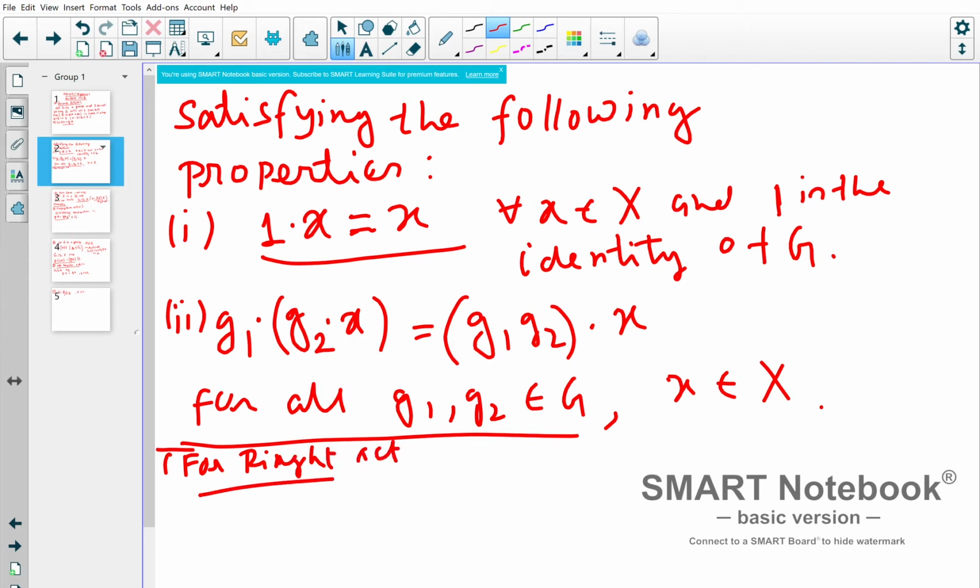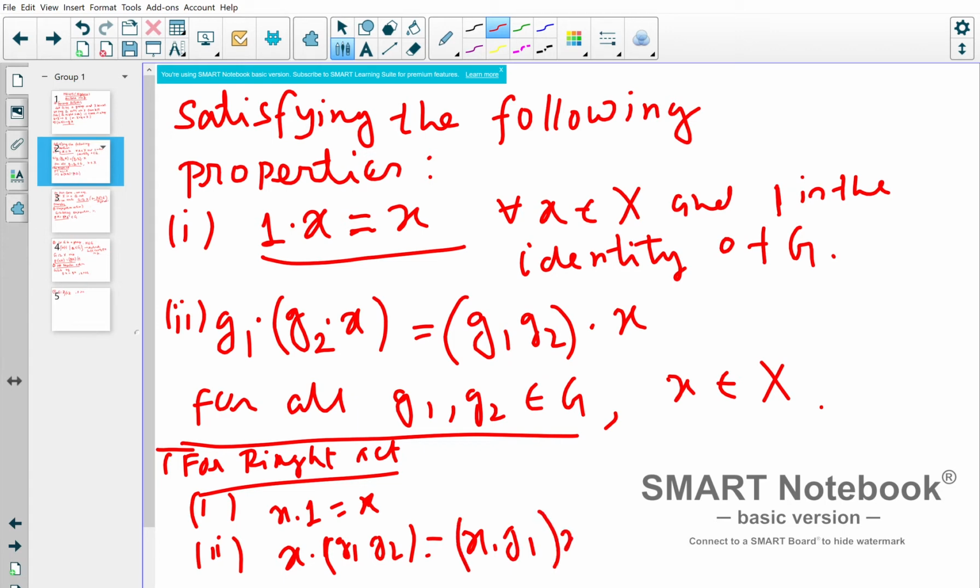For a right action, x dot 1 equals x, and number two is x dot (g1 g2) is the same as (x dot g1) dot g2. Similarly you can define the right action also, but unless we mention otherwise, our actions will always be left actions.